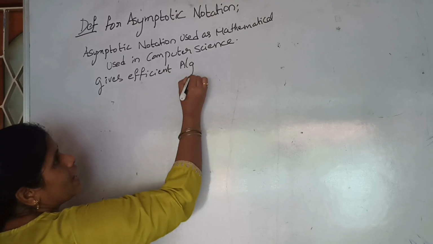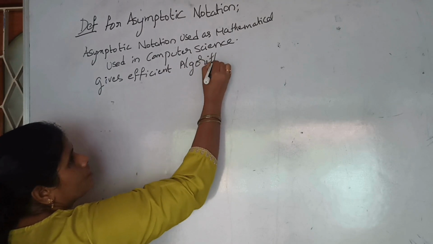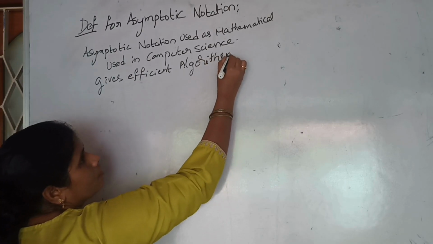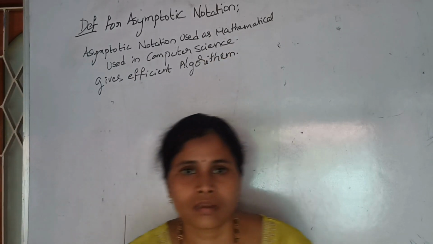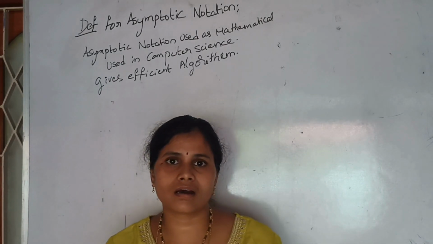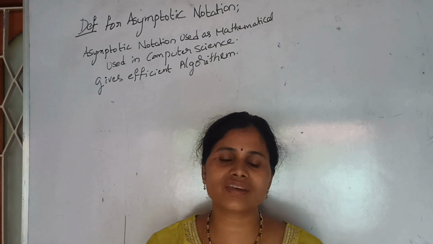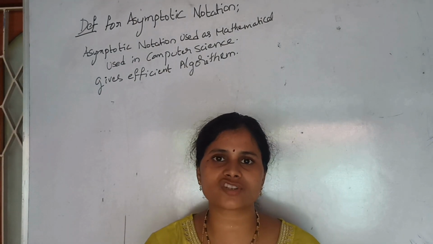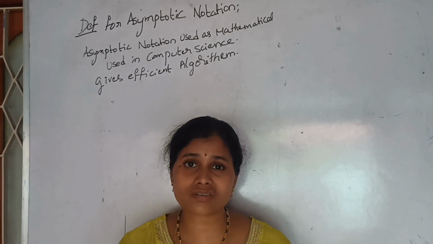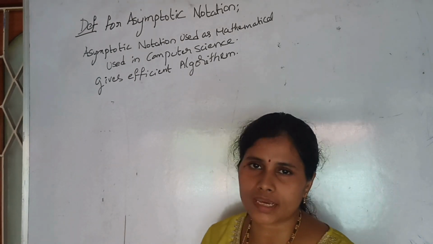So here we have, as per the university syllabus, five different asymptotic notations. The first one is big O notation.